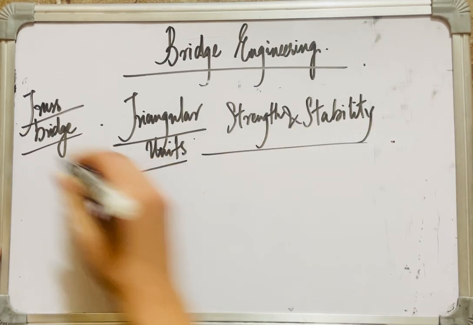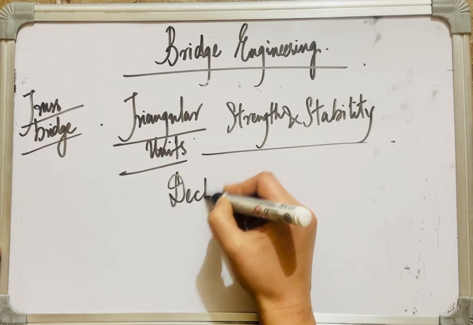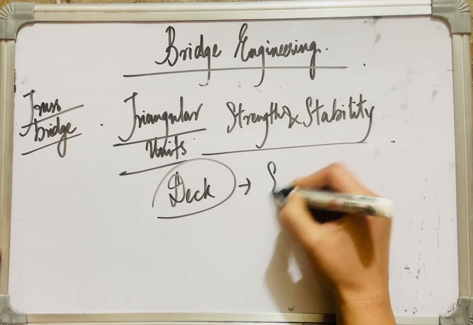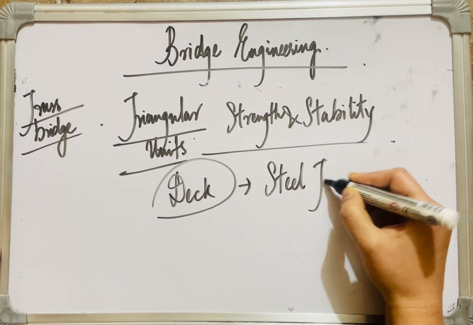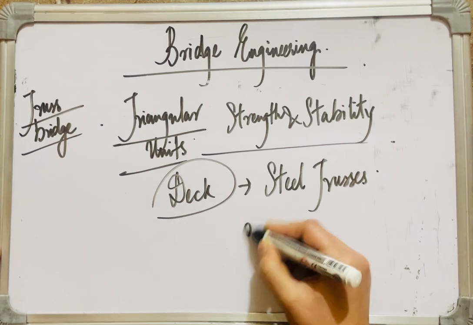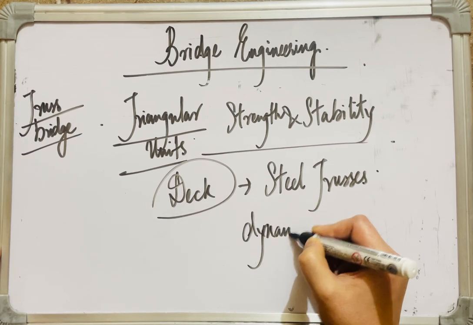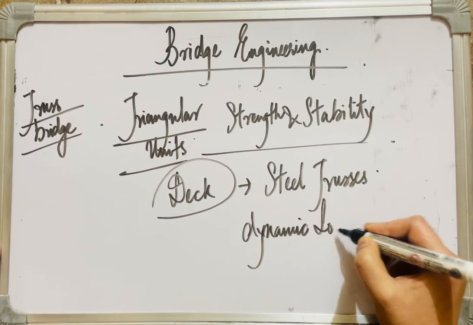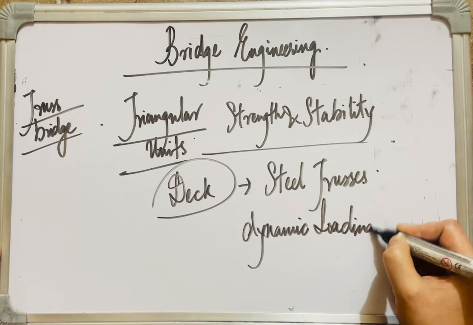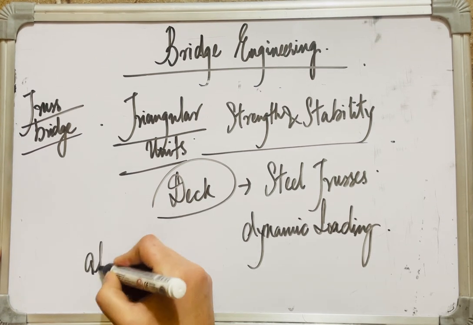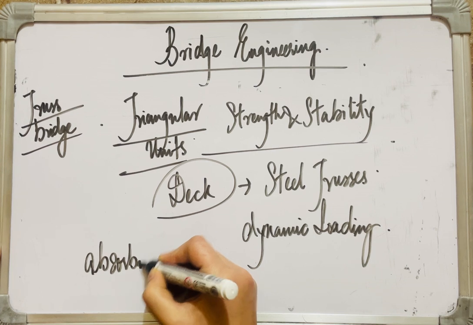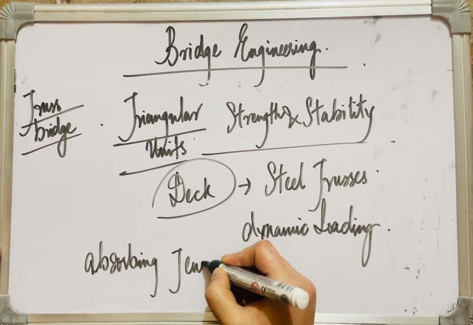And in case of truss bridges, the bridge deck is supported by means of steel trusses, which are capable of handling dynamic loading because they can absorb both tension as well as compression.